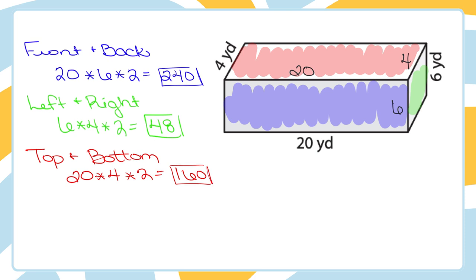Okay. I need the combined surface area. SA stands for surface area. How would I find the combined, John Henry? Add up your answers. So 240 plus 48 plus 160.